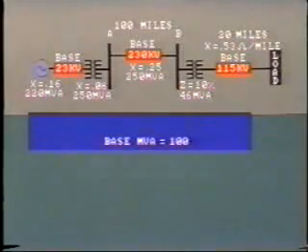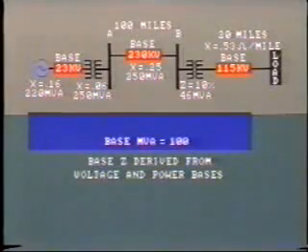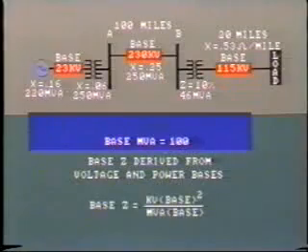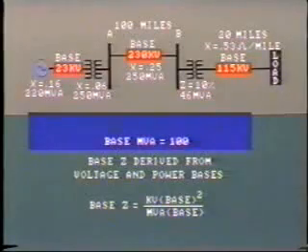If the value for base impedance is required for any area of the system, it can be derived from the voltage and power bases. This is the expression: base impedance equals base kV voltage squared divided by the MVA base.